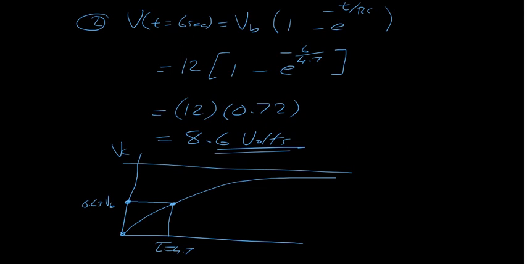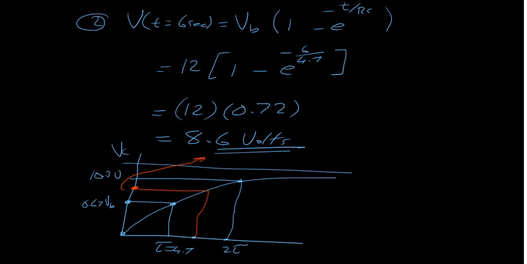When we had 2 time constants, the voltage was here, 10.3 volts. Now I'm asking you to find the voltage across the capacitor at 6 seconds, somewhere around here. My value is really somewhere in between, and it is this value here.